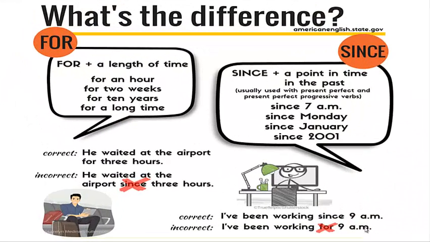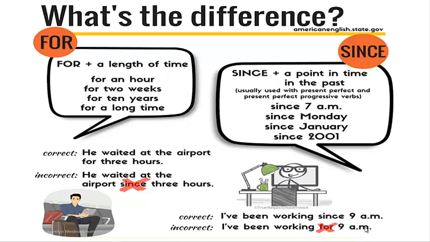In the end, try to observe the difference between for and since. For plus a length of time, like for an hour, for 2 weeks, for 10 years, for a long time. We say he waited at the airport for 3 hours, and we don't say he waited at the airport since 3 hours.